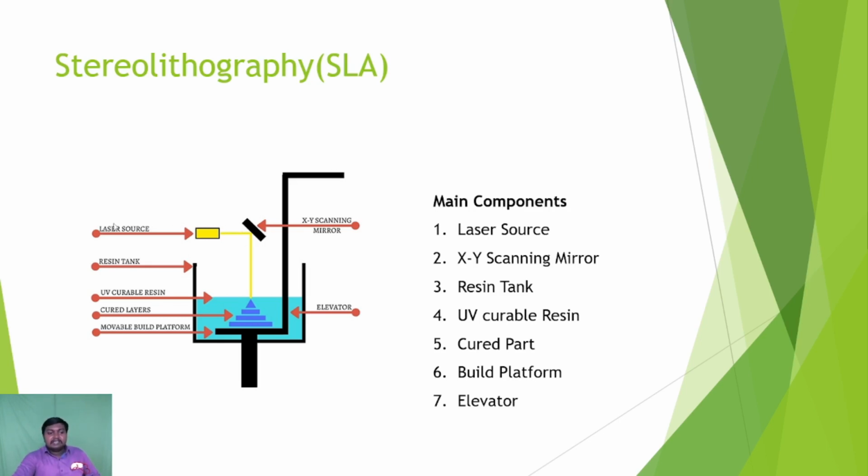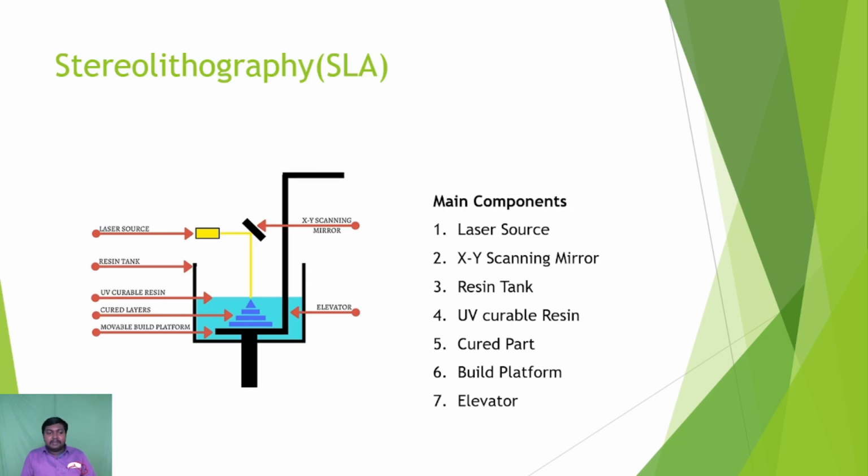First of all, the laser source will strike the XY scanning mirror, and the XY scanning mirror will change the direction of the laser, and it will focus on the UV curable resin. UV curable resin is available in the resin tank, and the elevator and movable build platform will move in the Z direction, from up to bottom.